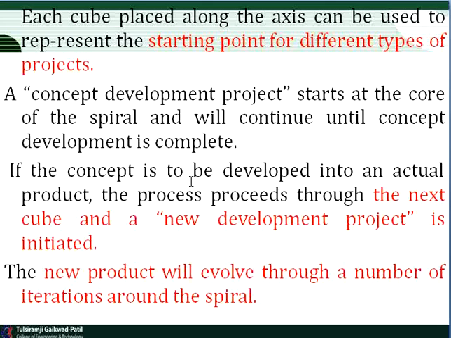While we implement any software application using every phase of this spiral model, now we are implementing the new development project that is initiated. And the new product will evolve through a number of iterations around the spiral. Already we discussed that the spiral model is a combination of the iterative development and the systematic control aspects of the waterfall model.